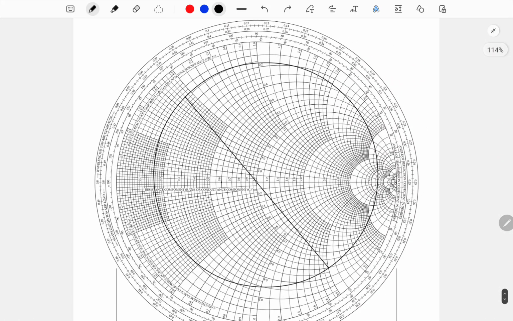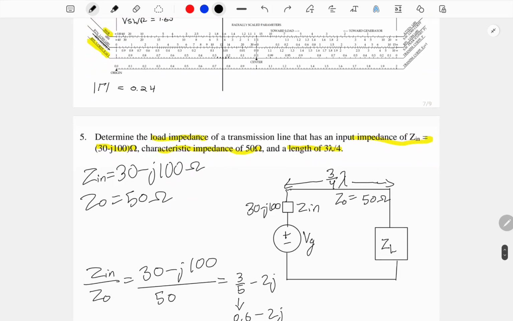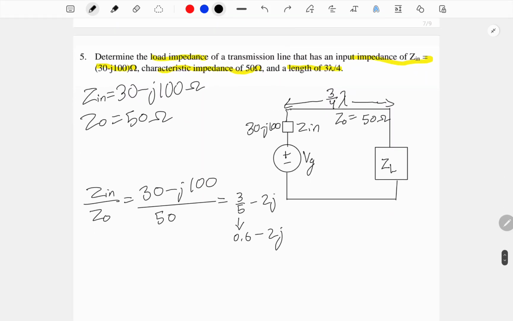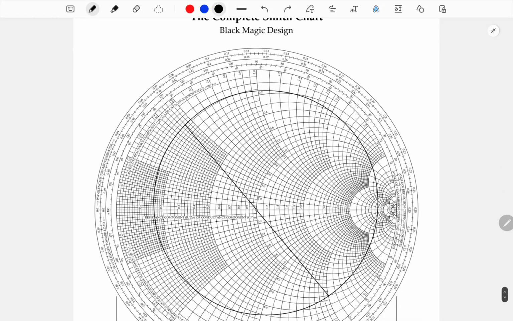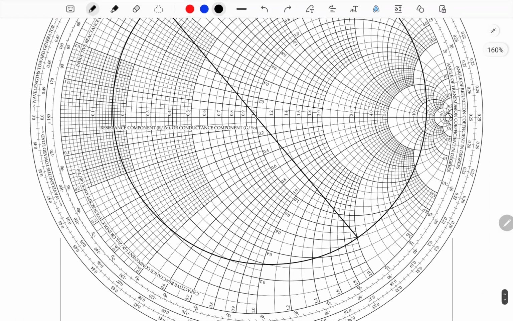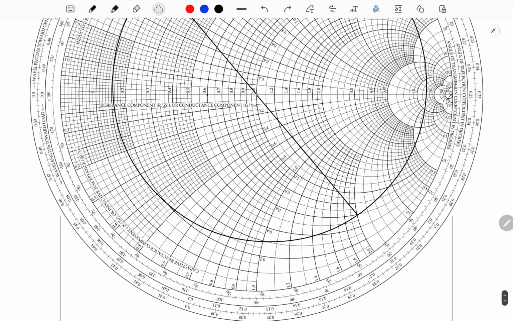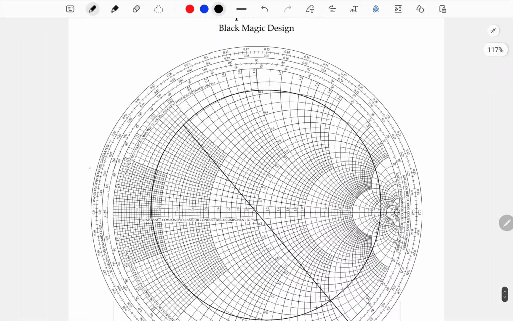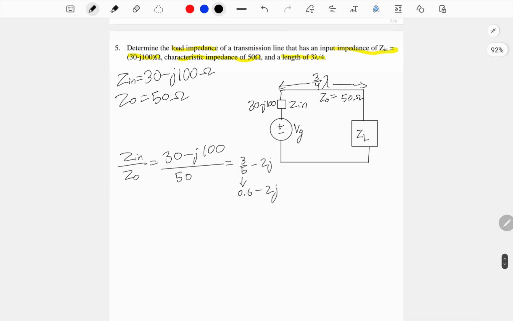Now, what do we have to find? We have to find a load impedance. First, let me extend this line, and the reason I extend it is to find lambda. Lambda is towards generator, or towards the load?